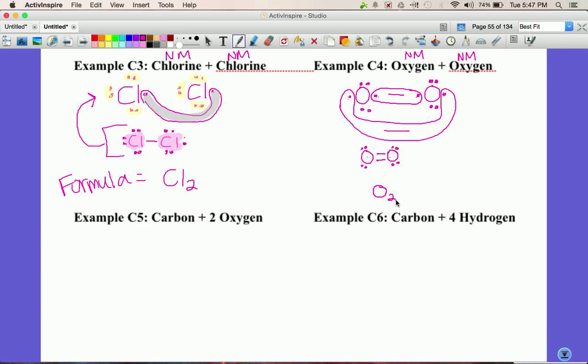The next one, carbon and oxygen. Carbon is again a nonmetal. Oxygen is a nonmetal. So whenever you write out carbon, carbon has 4 valence. Oxygen, again, has 6 valence.